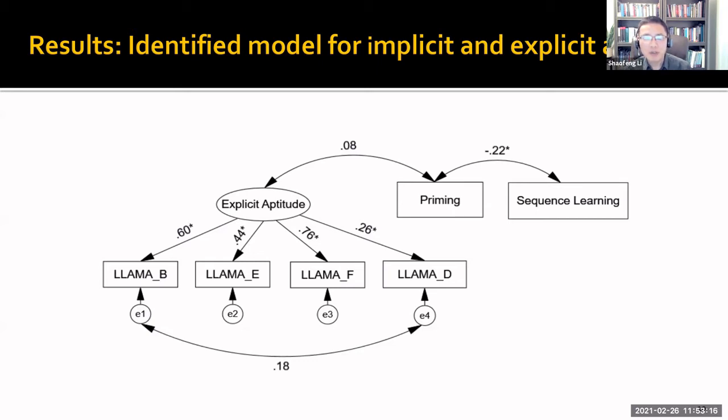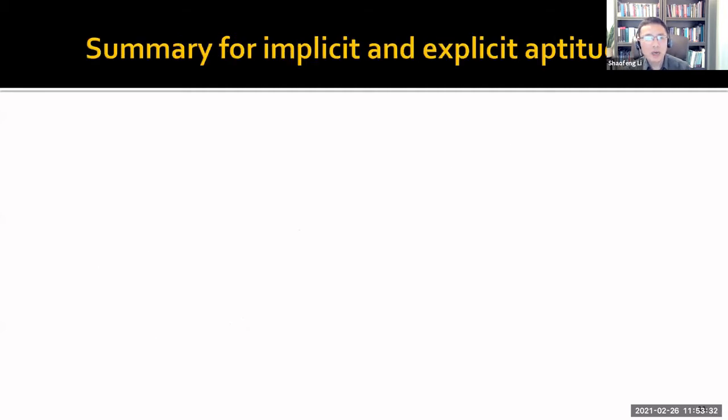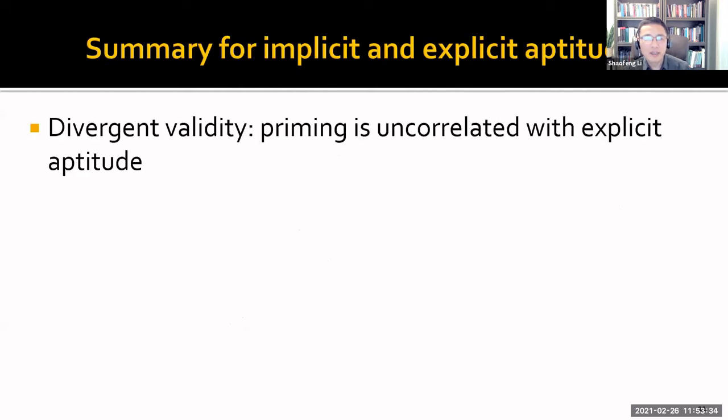This diagram shows the results relating to the first 2 research questions, which asked whether syntactic priming has convergent and divergent validity. Let me summarize the results on this slide. First of all, in terms of divergent validity, the results show that priming indeed has divergent validity because it is uncorrelated with measures of explicit aptitude.